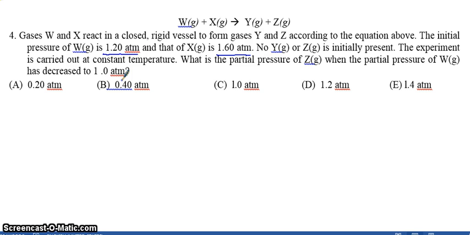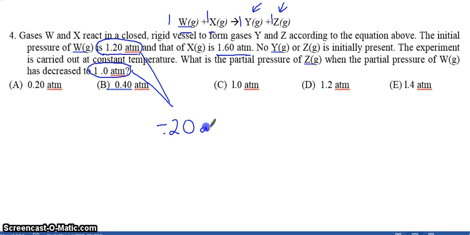So what we're saying is these two gases are placed into a container, and then they react to form these two gases. And we realize that the mole ratios of these is just 1 to 1 to 1 to 1, which means for every W that disappears, we form 1 mole of Y, 1 mole of Z. So by taking a look at how much W went down by, since we began with 1.20 atmospheres of pressure, and we ended up with 1.0 atmospheres of pressure, the difference here is we lost 0.20 atm.